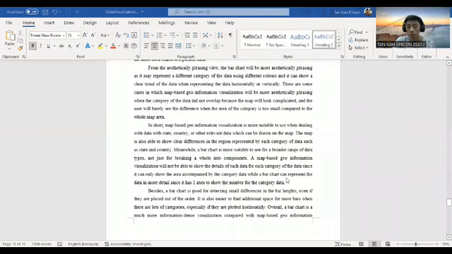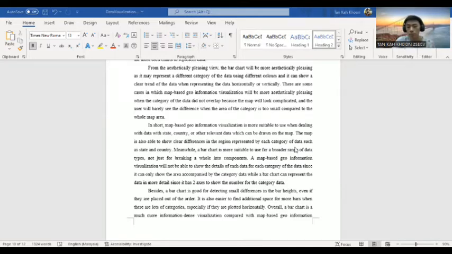In short, map-based geo-information visualization is most suitable when dealing with data with state, country, or other relevant data which can be drawn on the map. The map is also able to show clear differences in the region represented by each category of data, such as the state and the country.